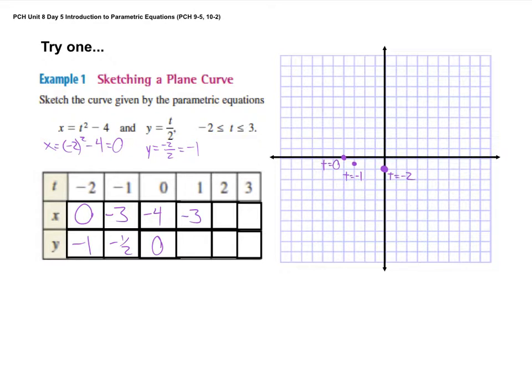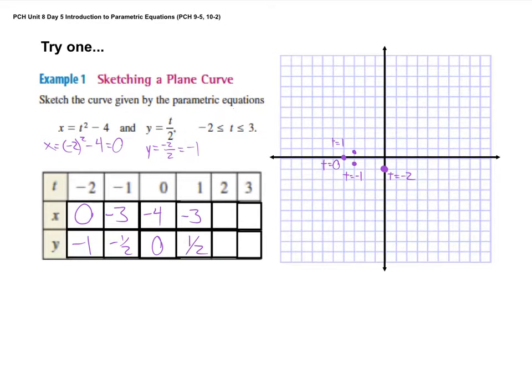Look at your equation, y equals t divided by 2. Just 1 over 2. There's no negative in there. So (-3, 1/2) is our point. That's when t equals 1.